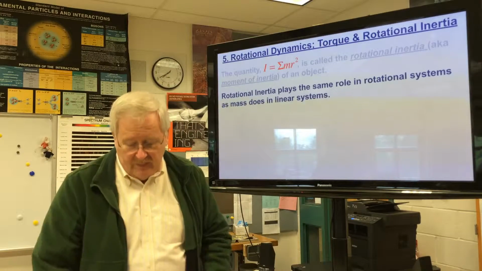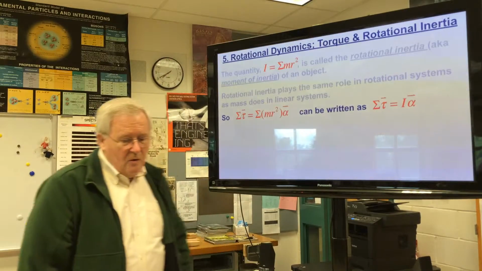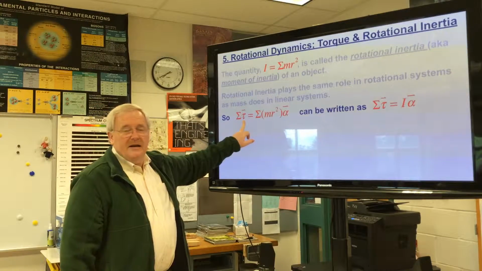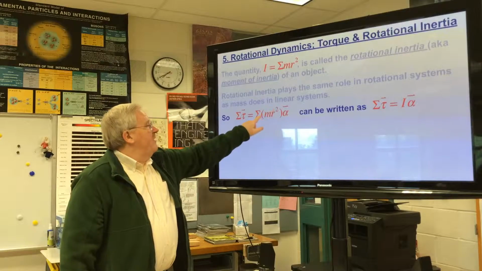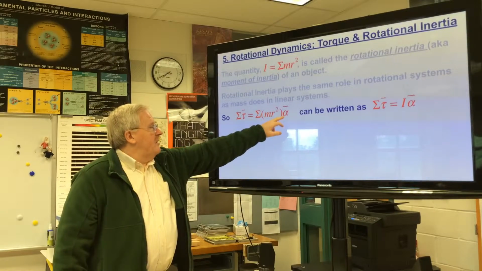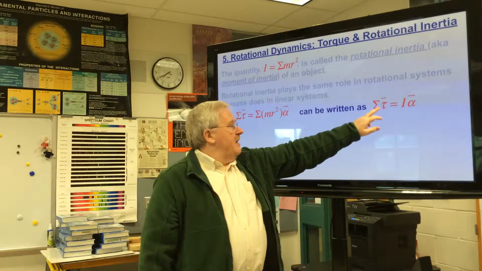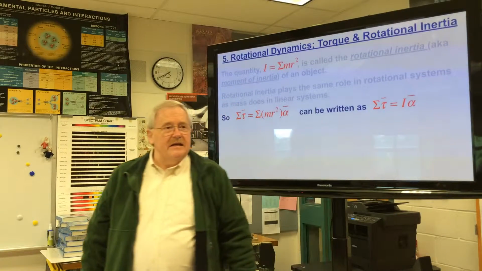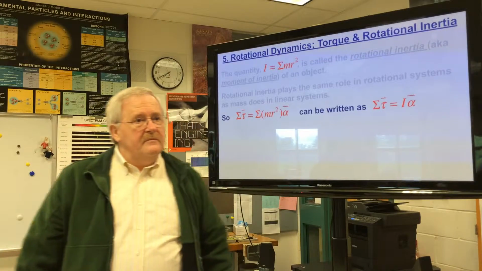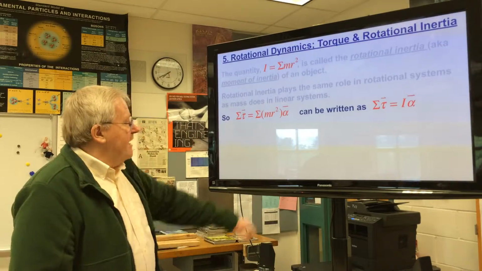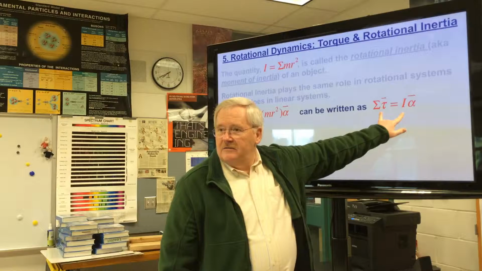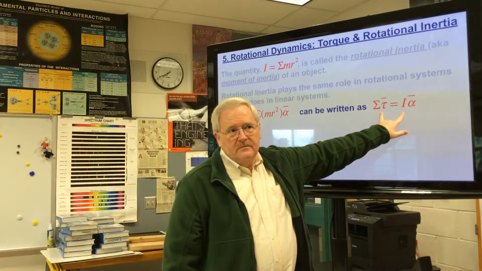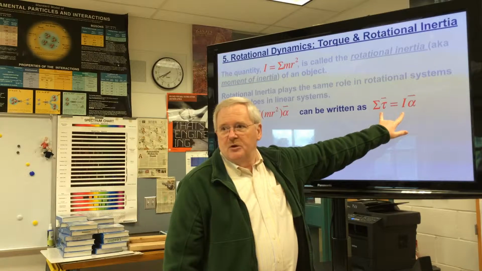Okay? And so what we can do is write this: the sum of the torques, or the net torque, is the sum of these mr squareds times the acceleration. We write it as this: the net torque is equal to the moment of inertia times the angular acceleration. It's now looking very familiar, right? If you like, this is Newton's second law for rotational motion.